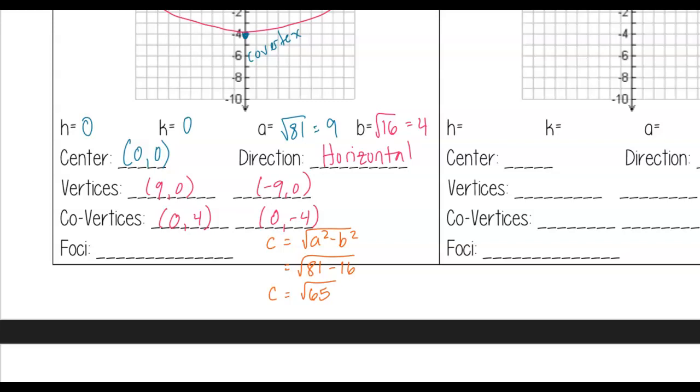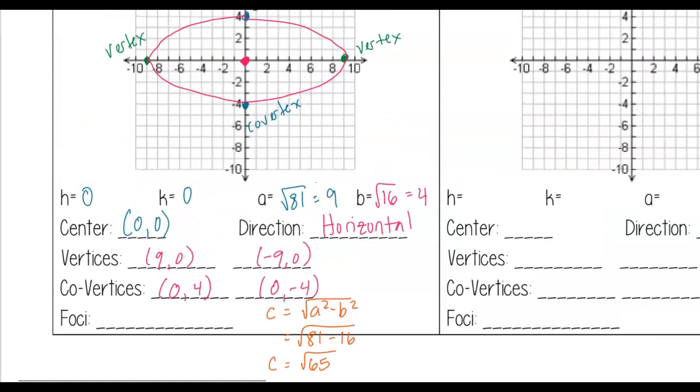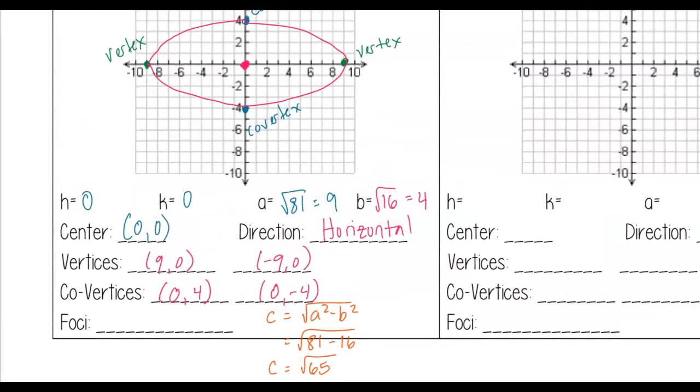There is not. No, there is not. Now, you may be asking, okay, well, how does that give us our foci's coordinates? Well, square root of 65 is actually like 8.5. So that means that from our center, we go 8.5 to get to our foci. And we go 8.5 the other direction to get to our foci.